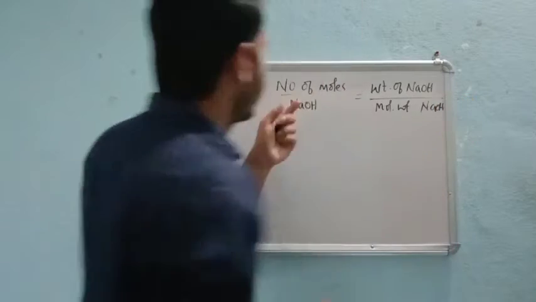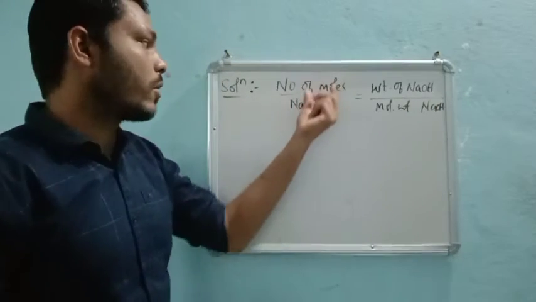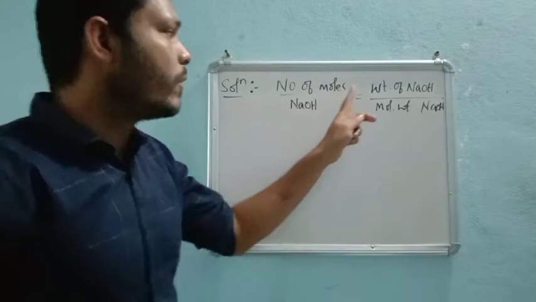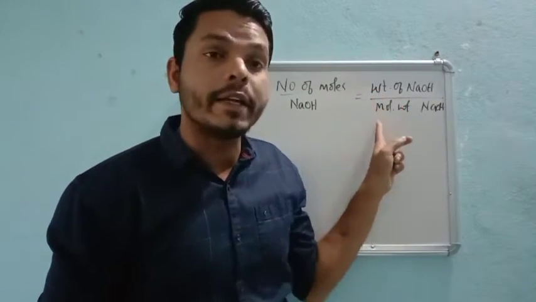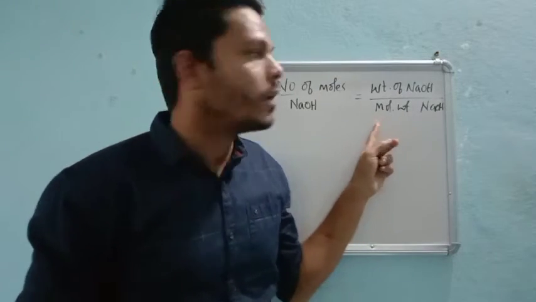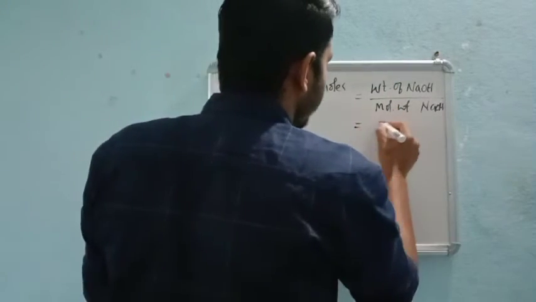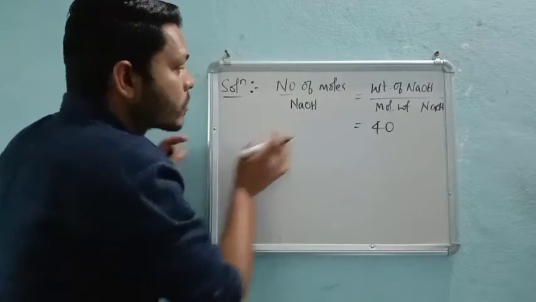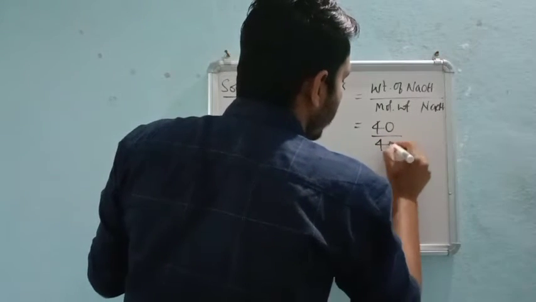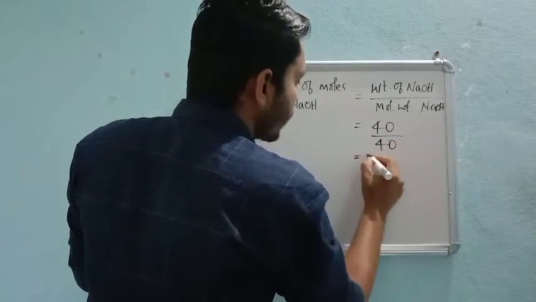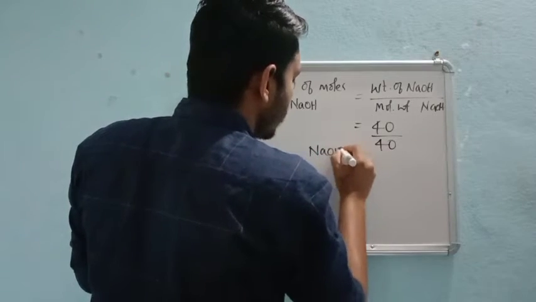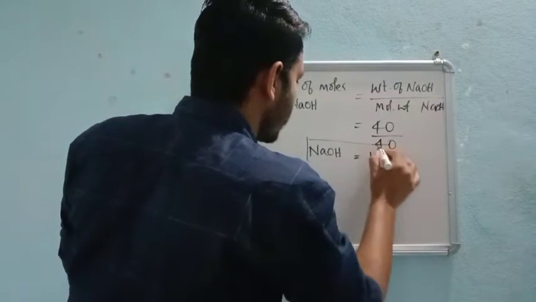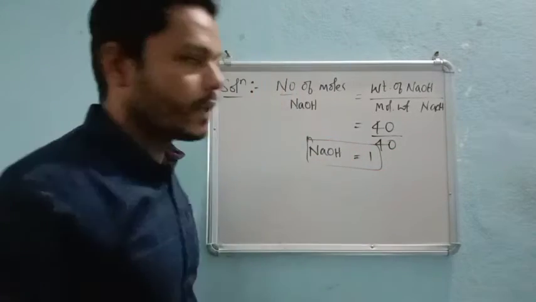This is how to calculate the number of moles: weight divided by molecular weight. The weight they have already given, that is 40, and the molecular weight we just calculated, nearly 40. So the number of moles of NaOH becomes 1. Understood?